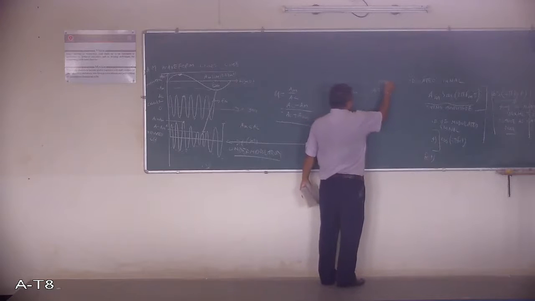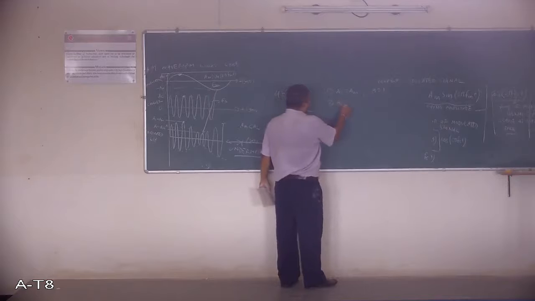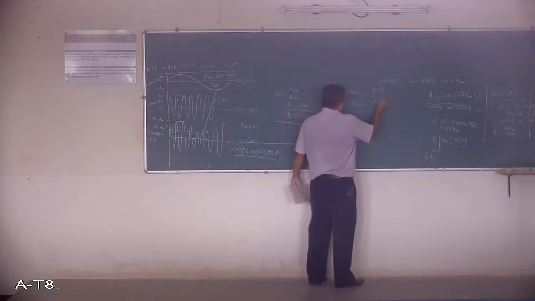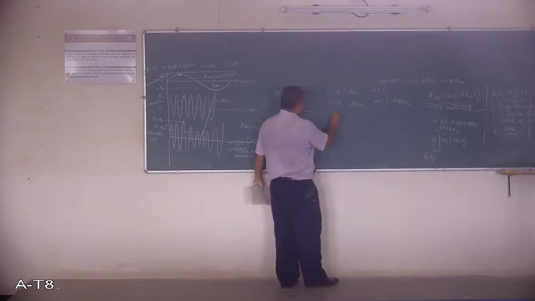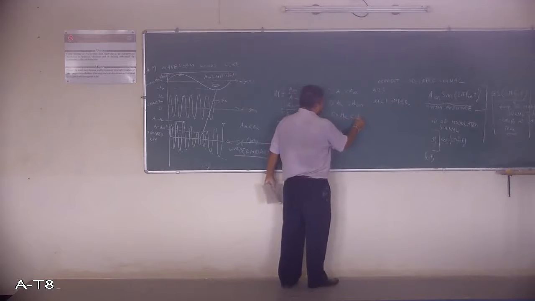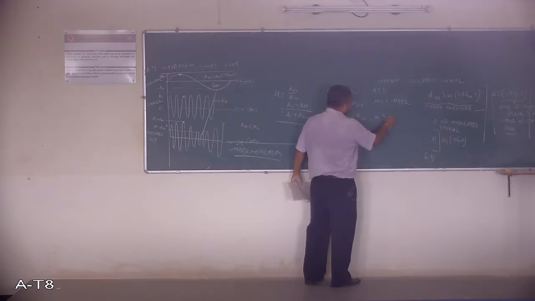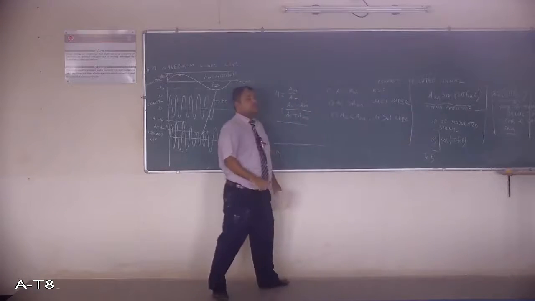This is called perfect modulation. AC greater than AM, mu less than 1. This is called under modulation. And third case, AC less than AM, mu is greater than 1. This is called over modulation. So these are the three cases.